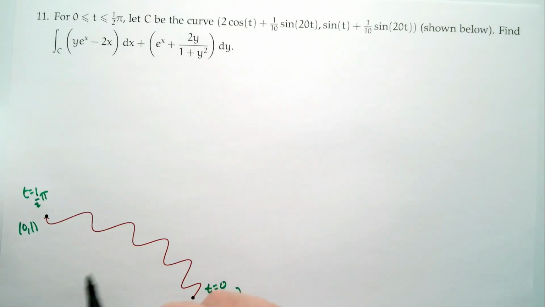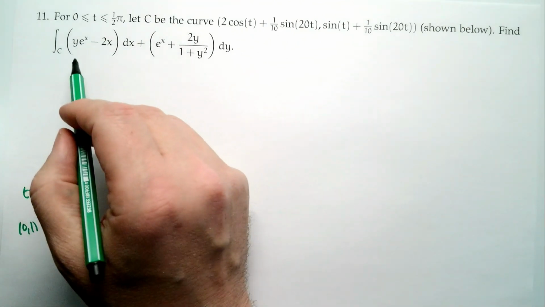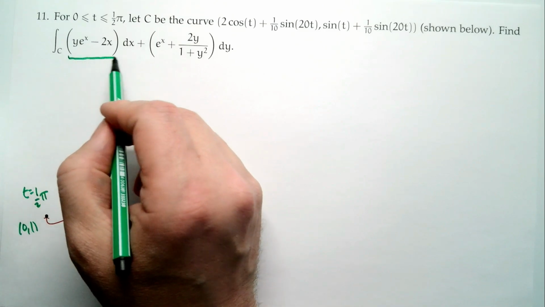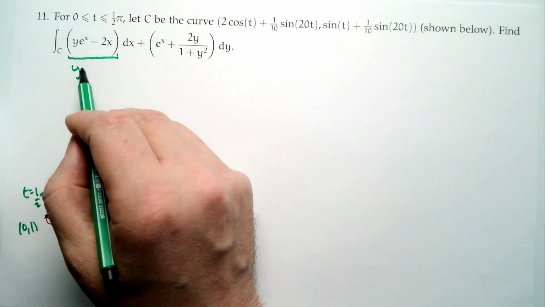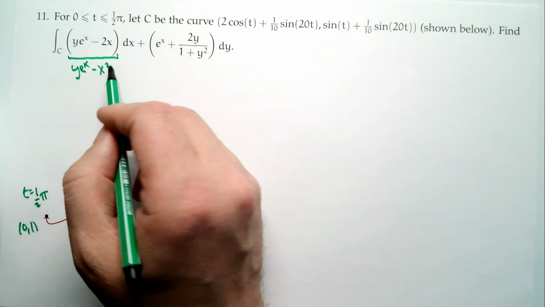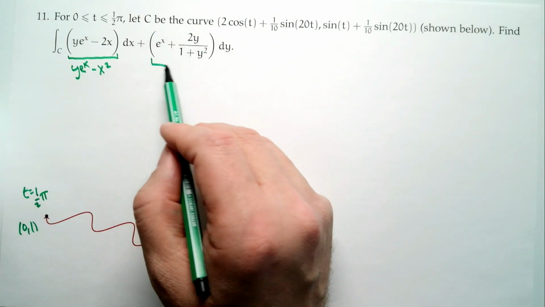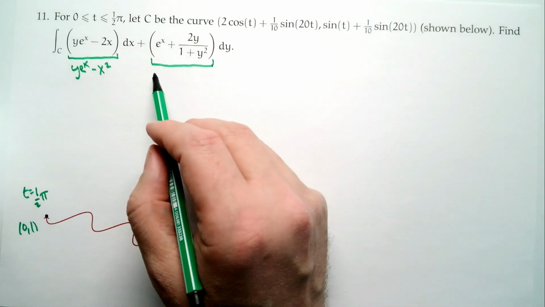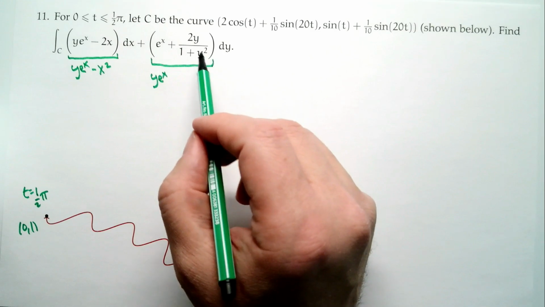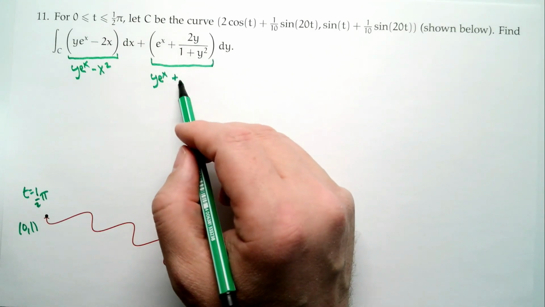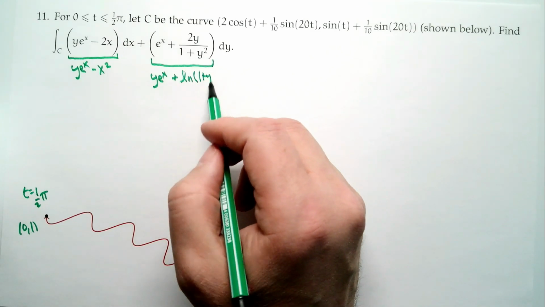So our hope now, this is conservative. So we say, all right, let's take the integral of this with respect to x. And if we did that, we'd get y e to the x minus x squared. Take the integral of the second one with respect to y. And if we did that, we would get y e to the x. And then here, 2y over 1 plus y squared is natural log of 1 plus y squared.